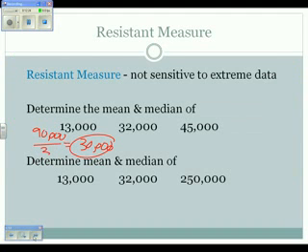So the average here is 30,000, the mean, and then the median is what? The 32,000.